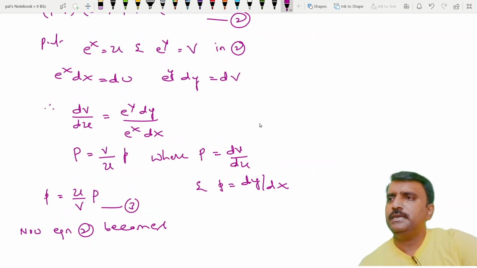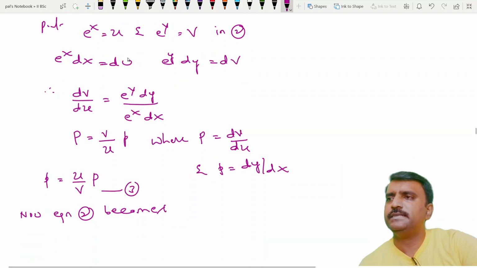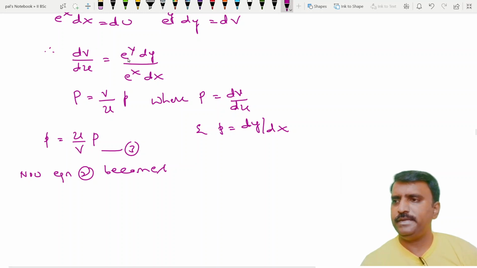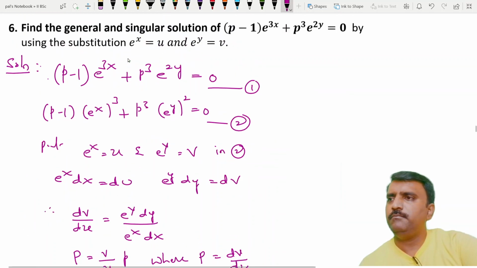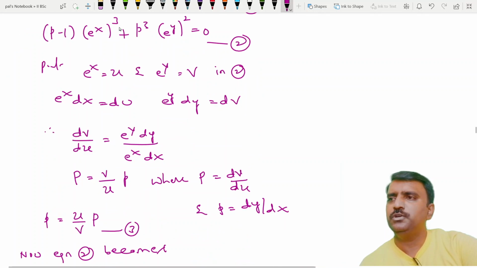Here it is (p minus 1) into e to the x whole cube. p minus 1 means p is u by v into capital P, minus 1, into e to the x, which is u, whole cube, that is u cube.